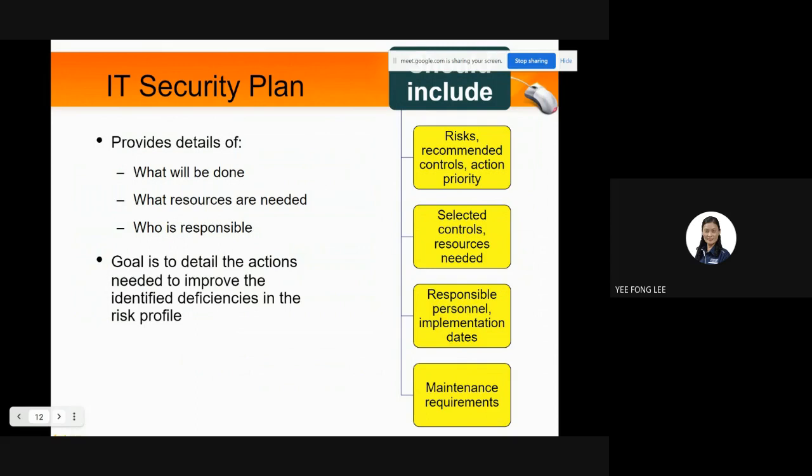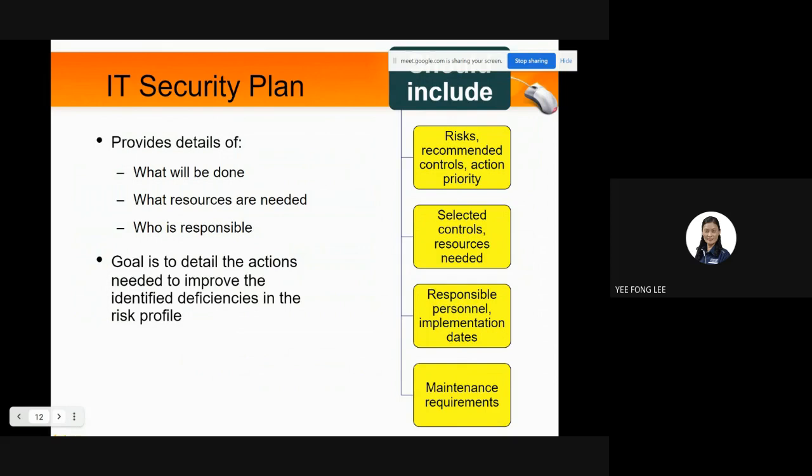The goal here is to detail the actions needed to improve the identified deficiency in the organization's risk profile in a timely manner. So this plan shall include, for example, the type of risk towards the asset, such as threat, vulnerability, or combinations.